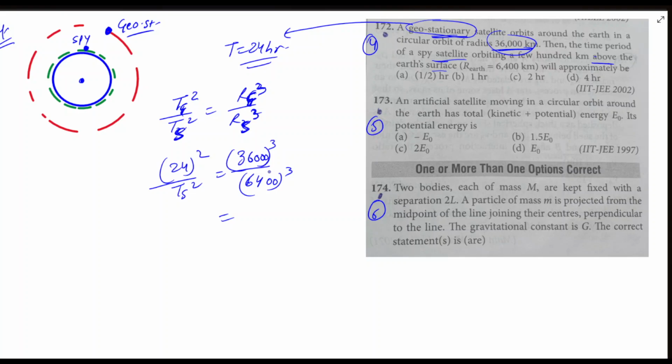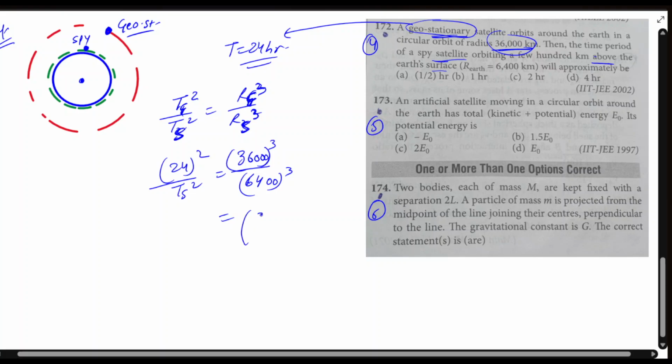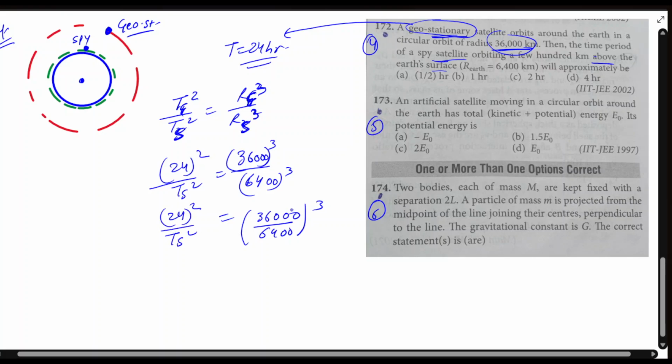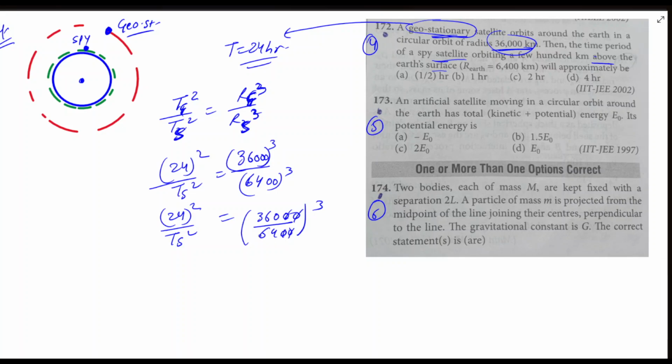So if you cancel without expanding it, we will have 36,000 upon 6400 whole cube and 24 square upon TS square. So these two zeros will get cancelled. We can cancel it out with the 8, right? So this will be 8.